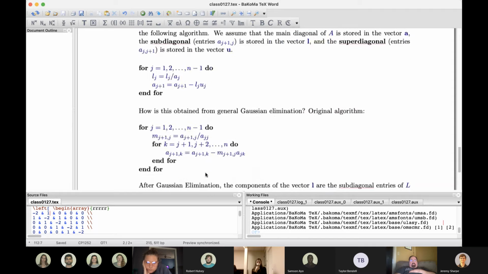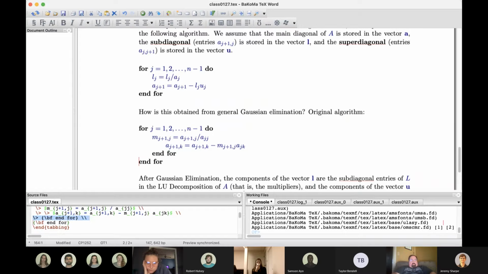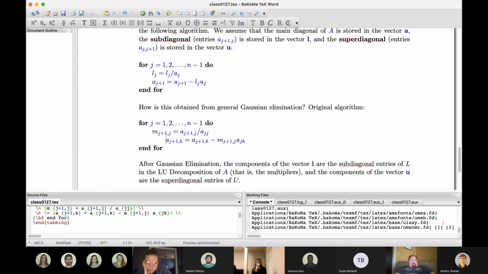So that means throughout here, I can get rid of this loop. And then wherever I see k, k will only be equal to j plus 1.